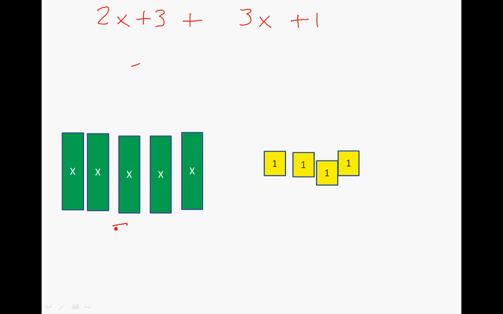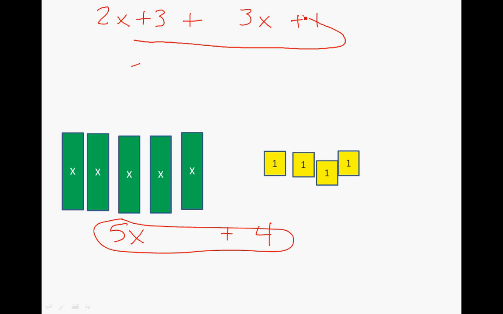So here is 5x plus, and if you count these up, there's 4. So this equivalent expression is the same as this up here. These are equivalent expressions. It's just a matter of using the properties to move them around, and that's why addition is so important.